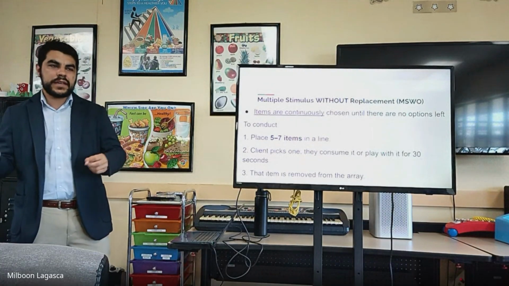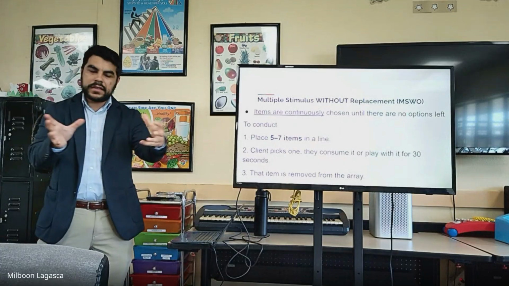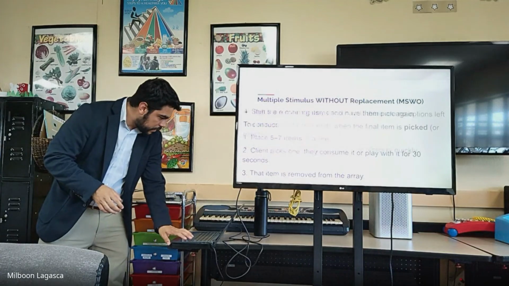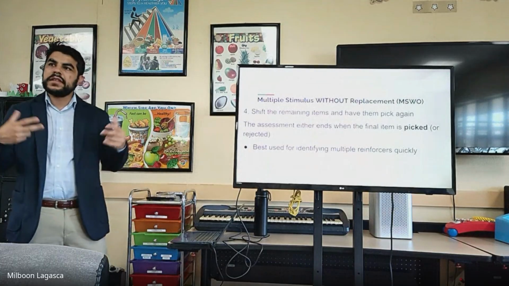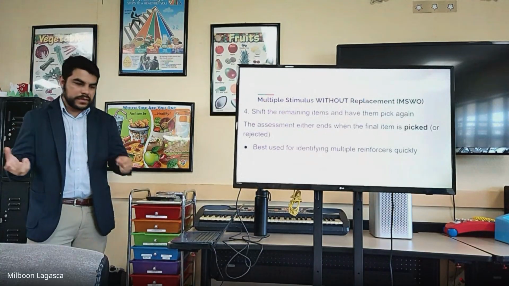Then they pick from the smaller array, and the items get smaller and smaller until there are either no items left that they're willing to pick, or they have tried everything.